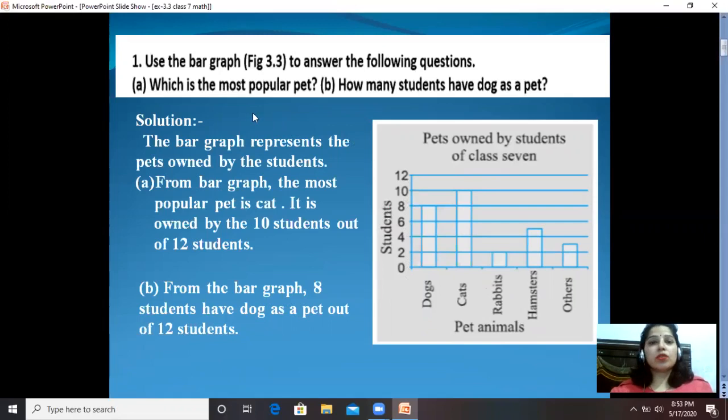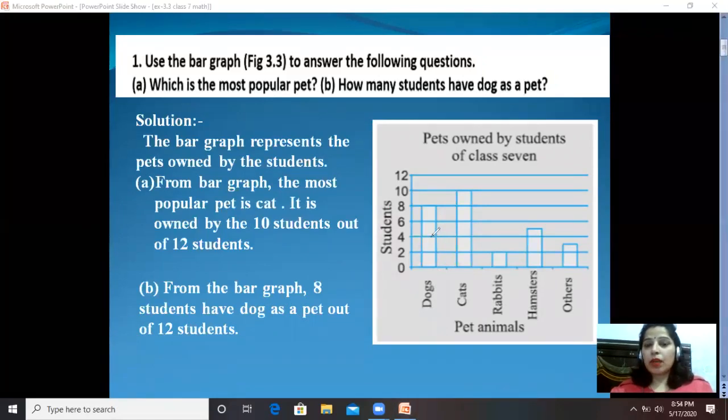What is the first question? They said, which is the most popular pet? You can see here dogs, cats, rabbits, hamsters and other pet animals are present. But what you need to see is how many students have a dog as a pet. You can check, it is 8 over here. So 8 students have dogs.